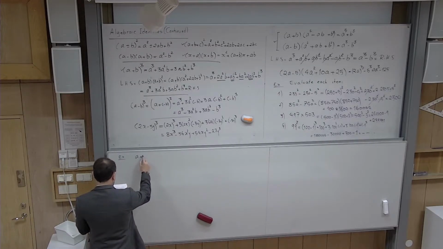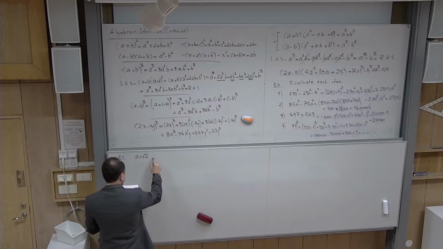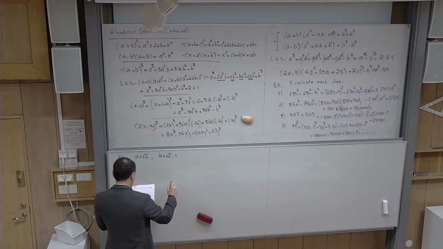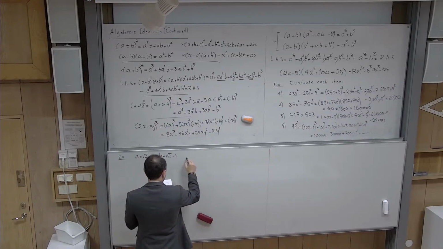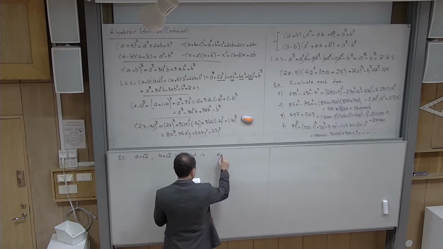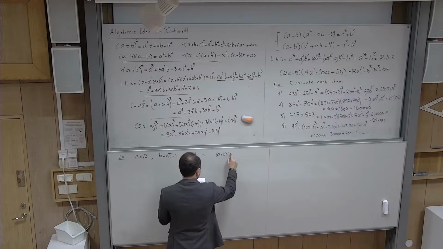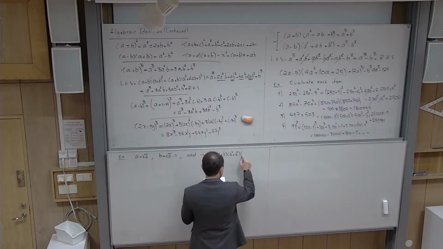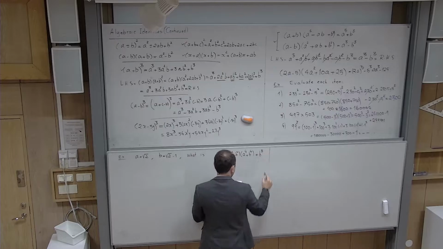If a is the square root of 2 and b is the square root of 2 minus 1, what is this expression? (a + b)(a^2 + b^2)(a^4 + b^4) plus b to the power of 8.